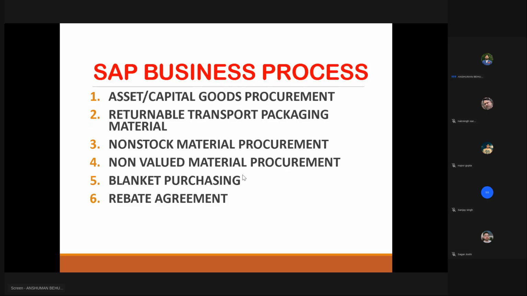Let's say there is no specific purchasing, but you are procuring some least valued material. Let's say once in a year you need 5 items. For that you can just create a limit.